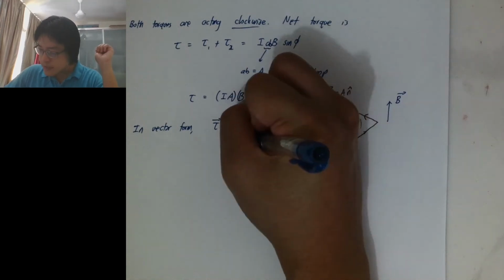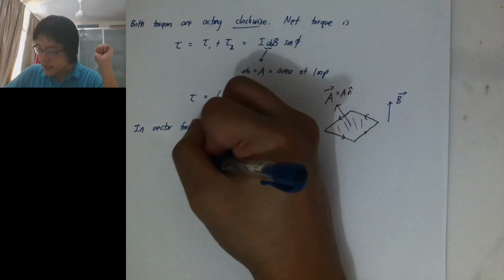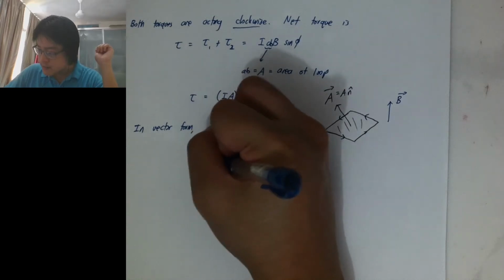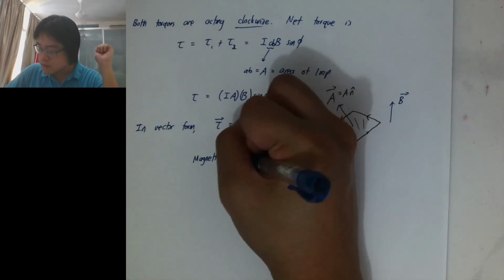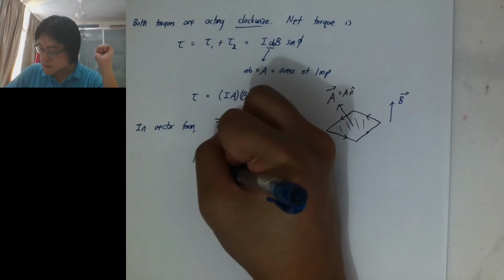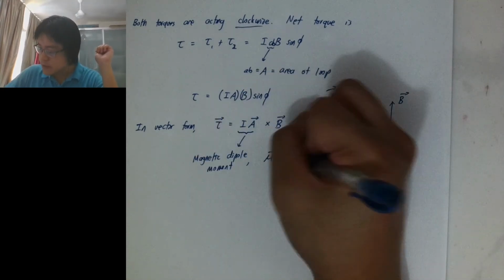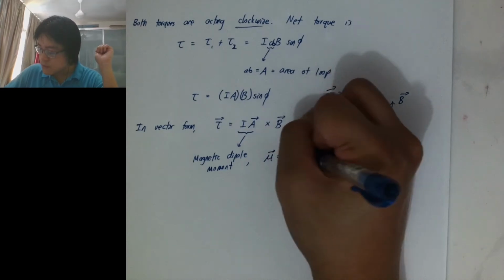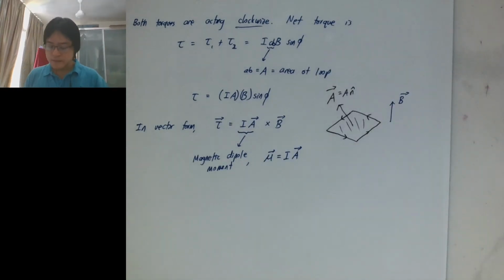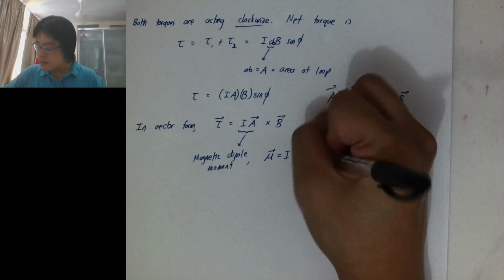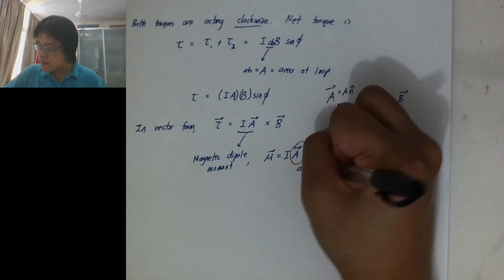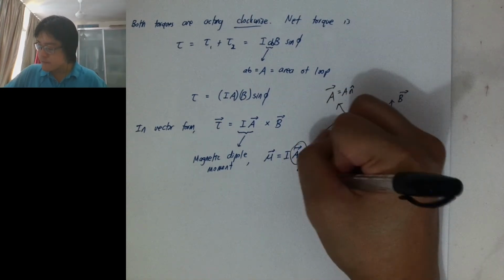Now this area is another important quantity. Current times area is something that we define as the magnetic dipole moment. We will call this mu arrow, equal to I A, and this A is the area vector of the loop.